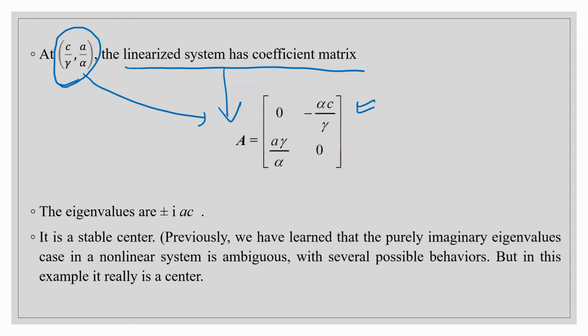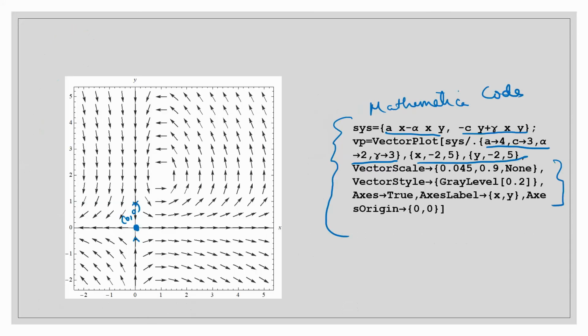Now if you find the eigenvalues, you can see that you are getting the eigenvalues as this. So this one is a center. Now I have told you that if we have a 0 real part, we cannot tell anything from the linearization, but here we have found that it is a center.